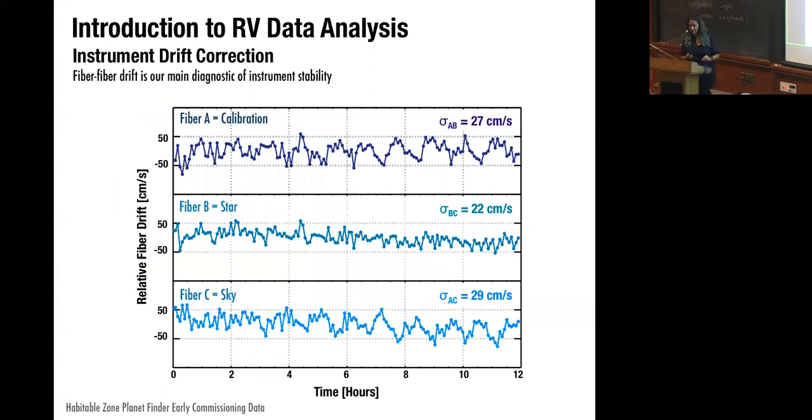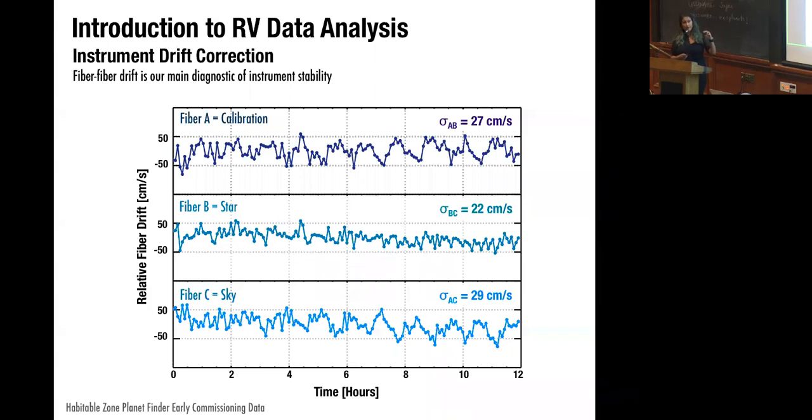Sam already showed some of our early data on the drift between the fibers. This metric is really important when people say that our instrument is at 30 centimeters per second now. What they mean is that the difference between the fibers is at 30 centimeters per second, specifically the difference between your star fiber and your calibration fiber, because that's as good as you can get.